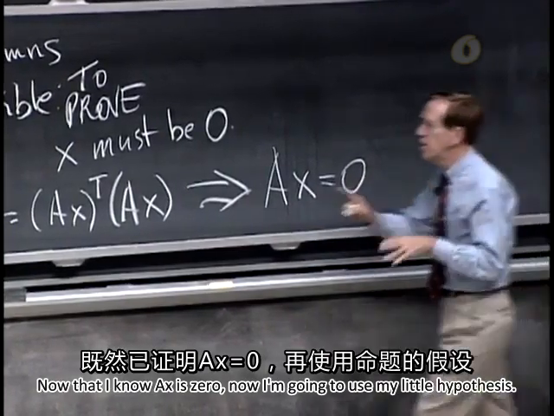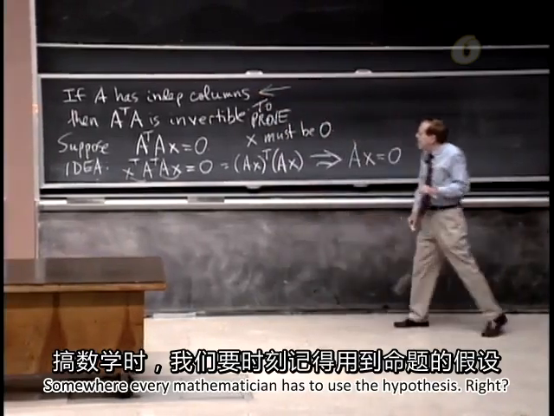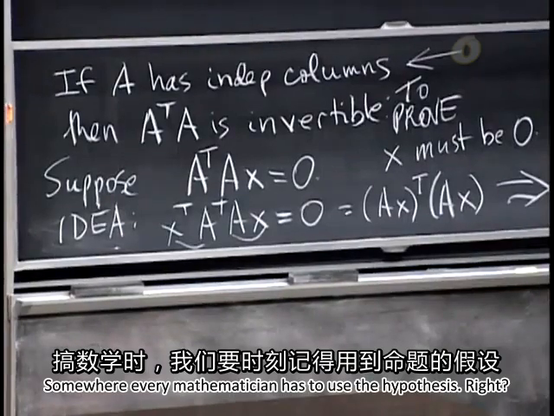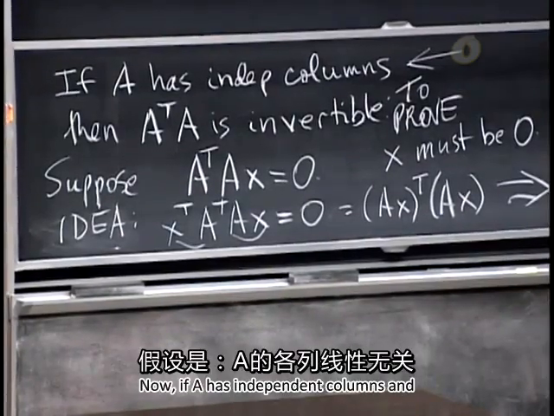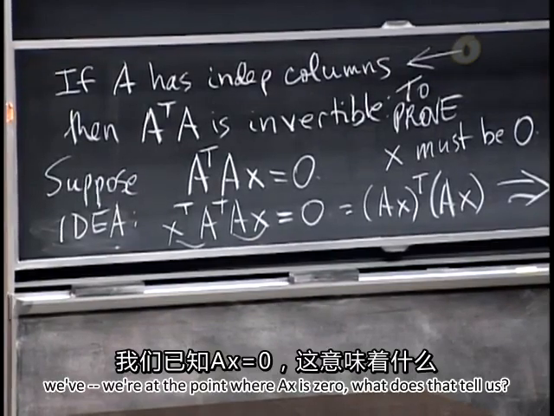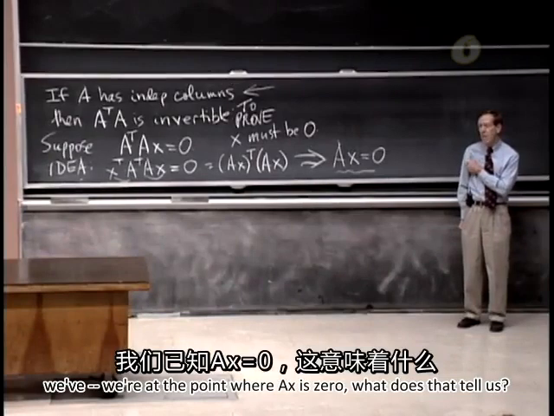Now that I know Ax is 0, I'm going to use my little hypothesis. Every mathematician has to use the hypothesis, right? Now, if A has independent columns, and we're at the point where Ax is 0, what does that tell us?